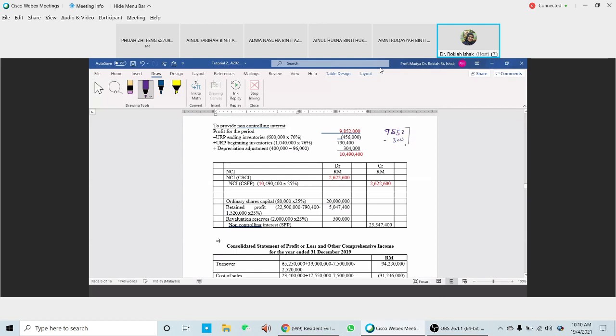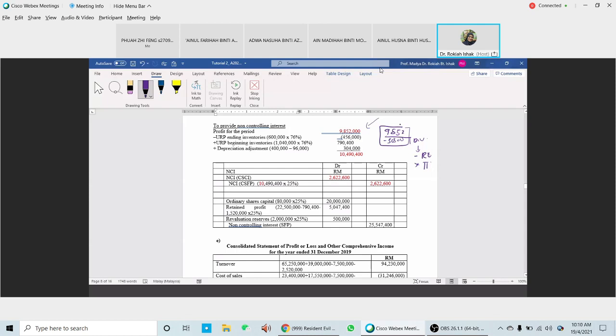That 3 is not supposed to be there, because the dividends should be deducted from retained earnings, not from the profit for the year. So I'll provide you with the new answer after the revision.